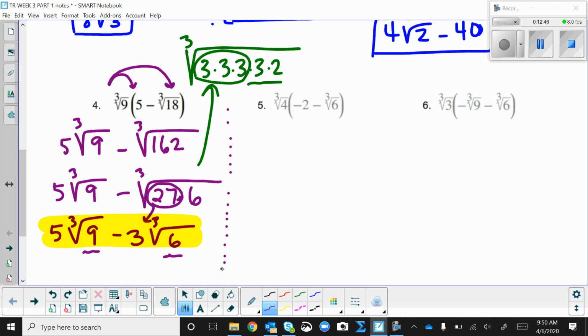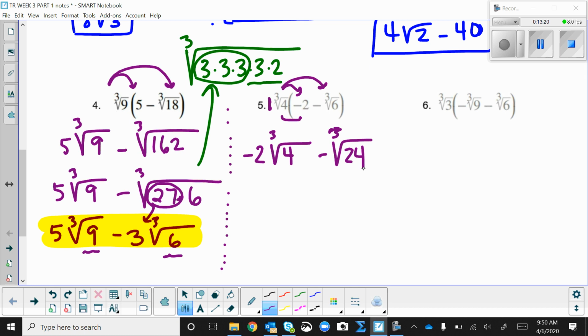All right, next problem. Distribute, distribute. In the first distributive, there's no radical on that -2, so it's just -2 times the 1 in front of the outside radical. So that's -2 cube roots of 4 minus the cube root of 24.